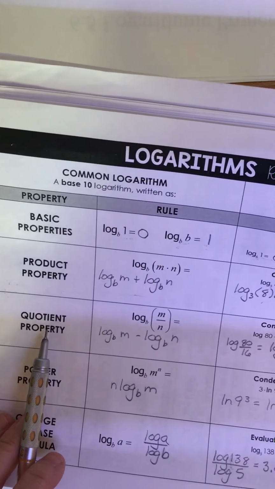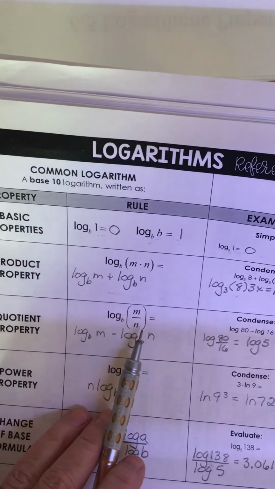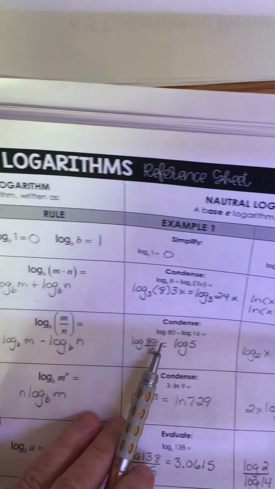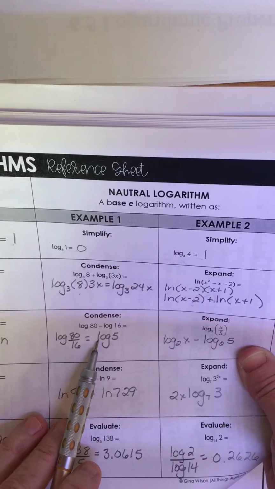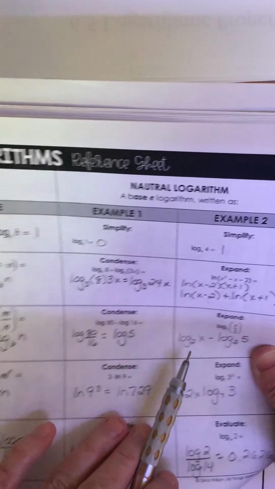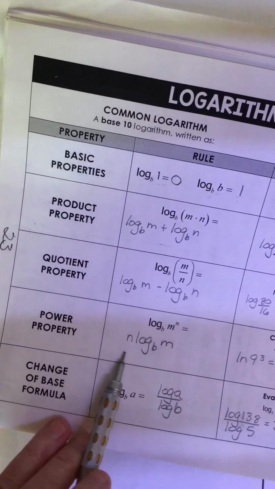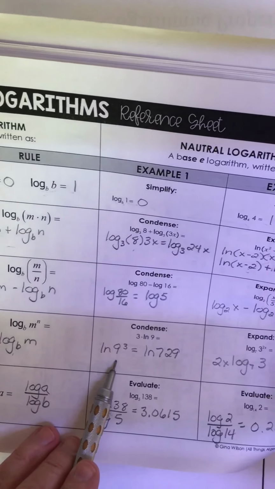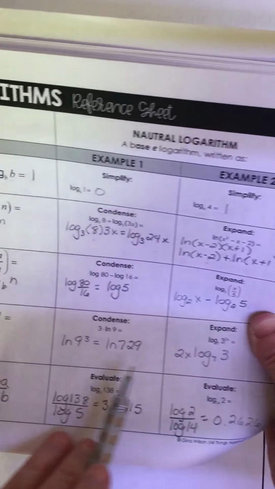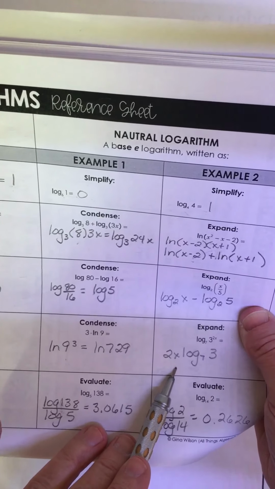The quotient property is that. This is the basic rule. These are the examples that we've done. This is condense. This is expand. Okay? Power property, we've already written this out. These are the examples as to how to condense it. This is the example as to how to expand.